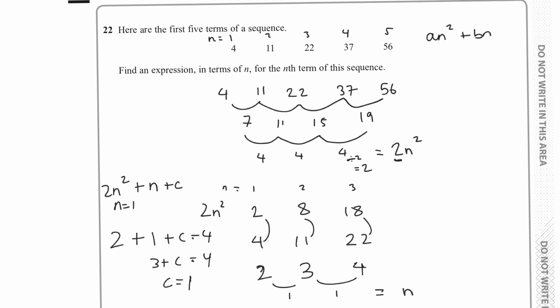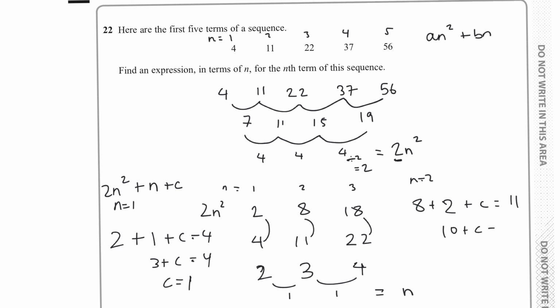And then just double check you're right. Substitute that same thing for when n is 2. So when n is 2, you would get 8 plus 2, because when n is 2, plus c is equal to 11.